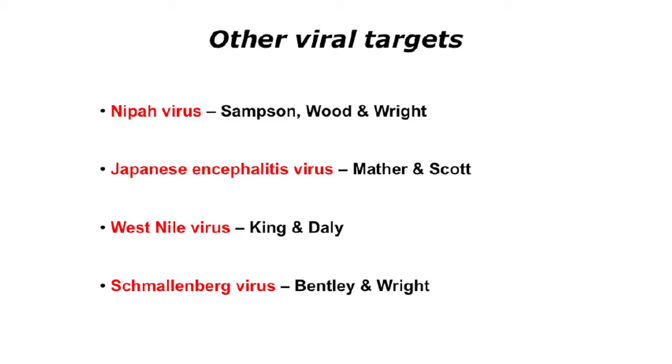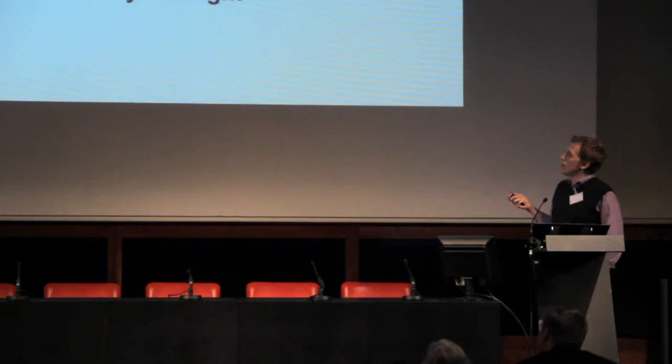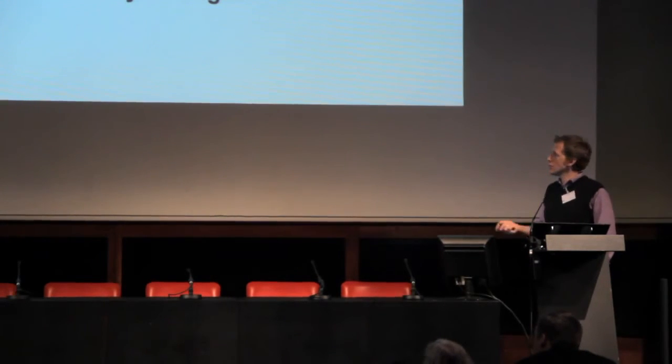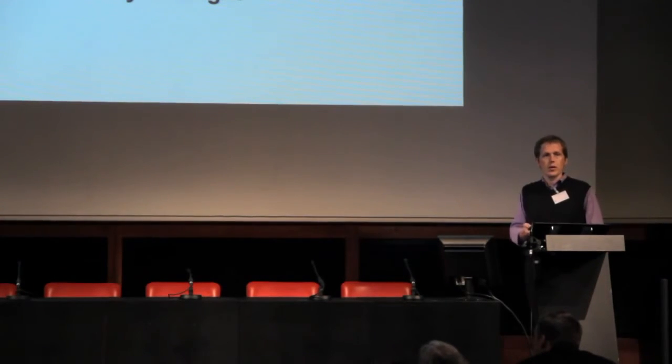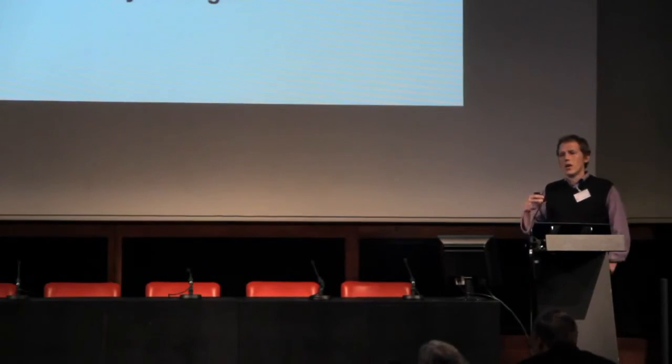Other viruses that we're currently working on, which may be of interest to the audience, in collaboration with the Cambridge Infectious Disease Consortium, we're looking at paramyxoviruses, namely Nipah. Also the flaviviruses: Simon Scott and Stuart Mather at the University of Kent, looking at Japanese encephalitis. Collaborators Barney King and Janet Daly at the University of Nottingham are looking at West Nile virus.